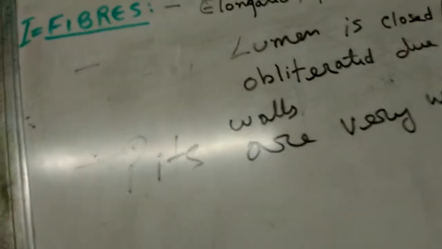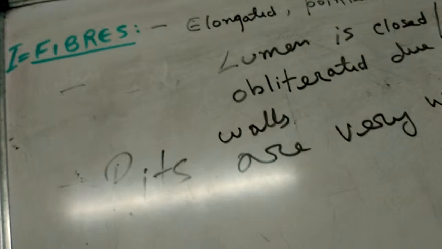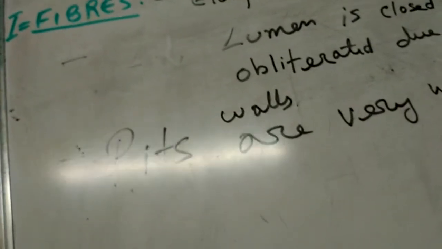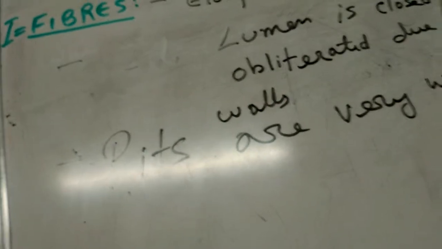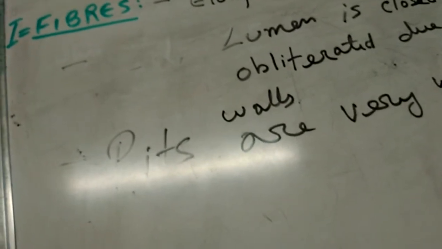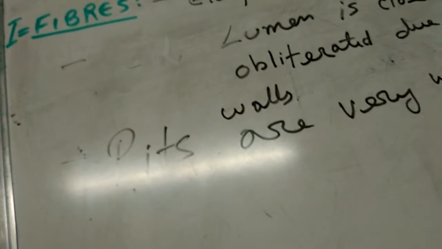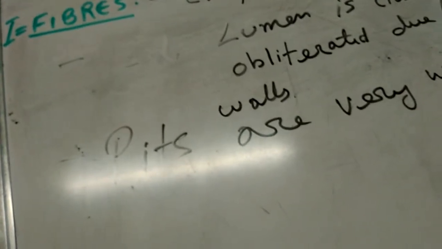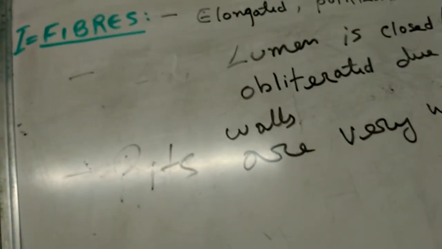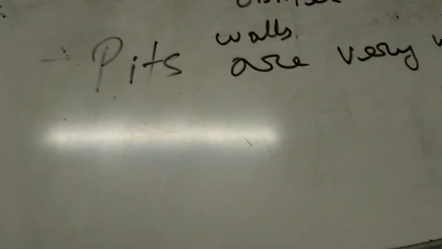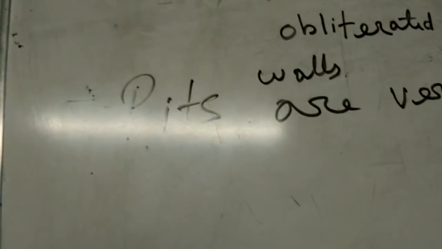If you remember, I have already told you about pits, not in great detail, but pits are basically small holes, or small depressions present in many tissues, and fibers are one of them, in which pits are very well developed. These pits are oval or rounded in shape.